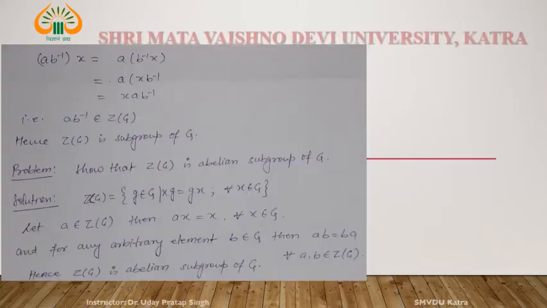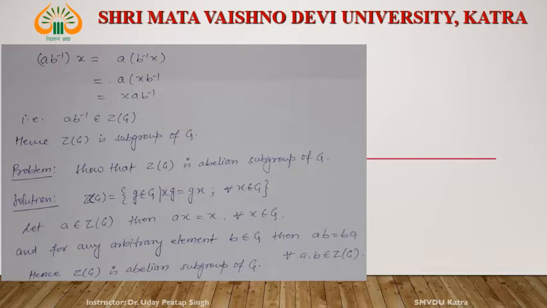Now consider ab inverse x. This ab inverse x can be written as a (b inverse x), by the associative law, since a, b inverse and x are elements of G. And b inverse x can be written as x b inverse by using equation number 3.